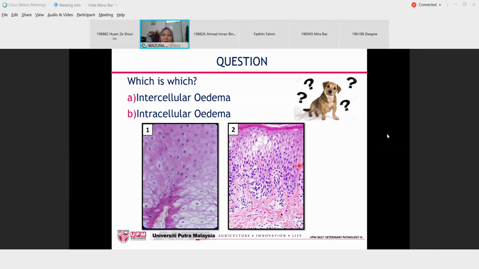For the first image, again, you can see that the cells are larger and paler in color. So this is basically edema inside the cells, intracellular edema. And this one is intercellular, where you see gaps between the cells. So intercellular edema. Very good. You guys are paying attention.